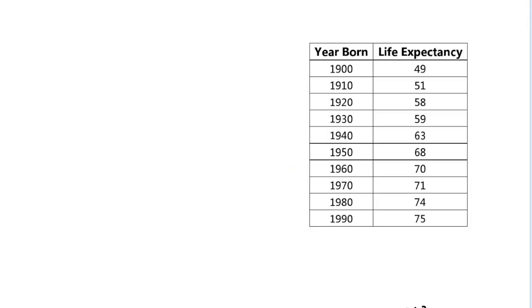So in this next example, I'd like to talk about life expectancy. So life expectancy is the average age to which a person will live. And this might depend on when that particular person was born. And so here in this sense, life expectancy is a variable.